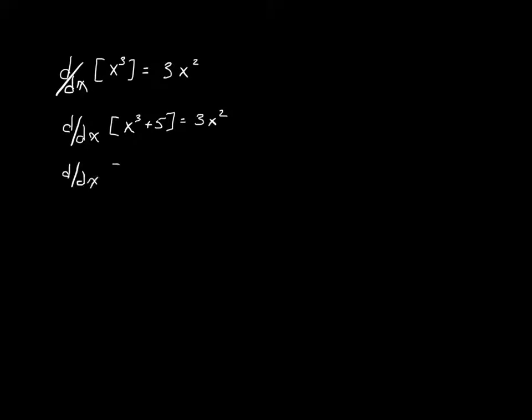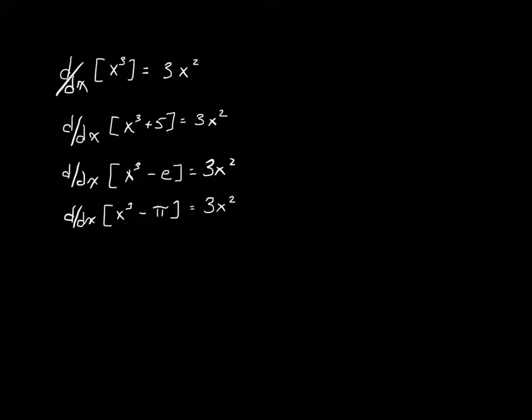And that's going to be true if we take the derivative of x cubed plus or minus any constant. We'll do the last one here, x cubed minus pi, will also be 3x squared.